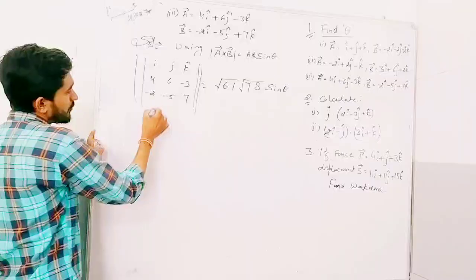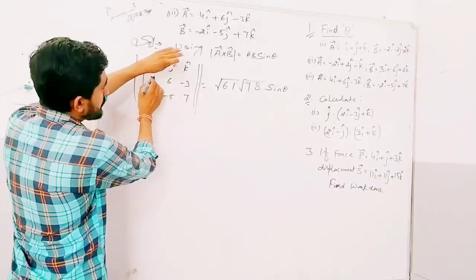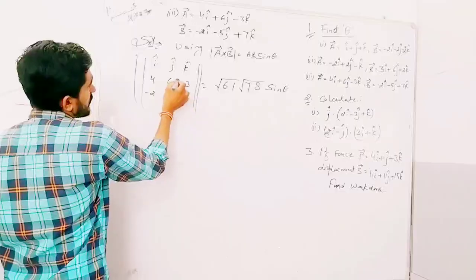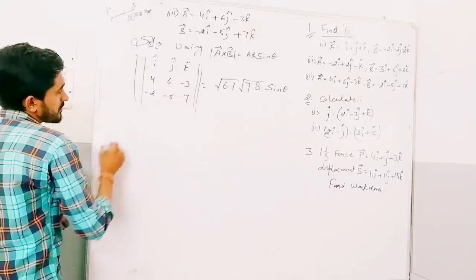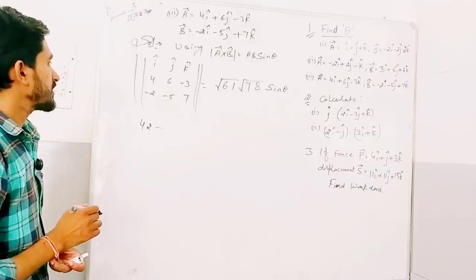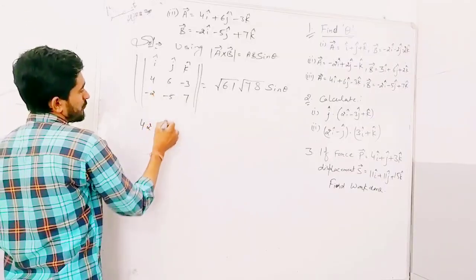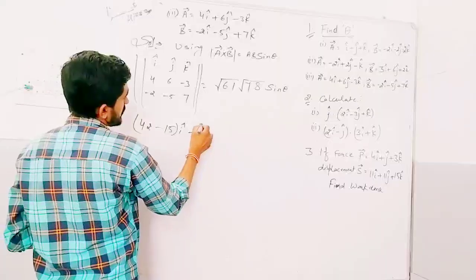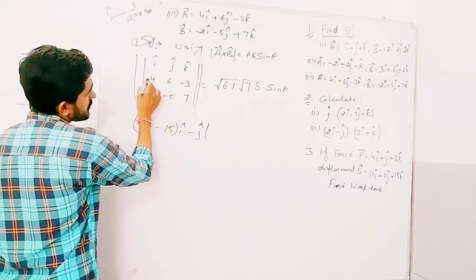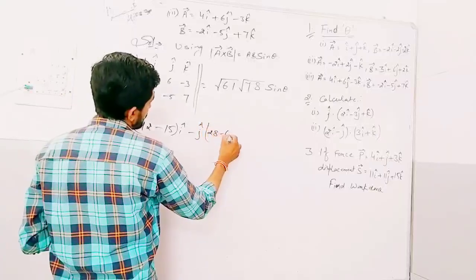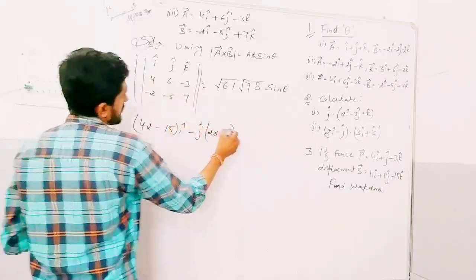Like for i cap, cross i cap gives 6 into 7, 42, minus 15 i cap. Minus j cap: j cap gives 28 minus 6, 28 minus 6, plus k cap.